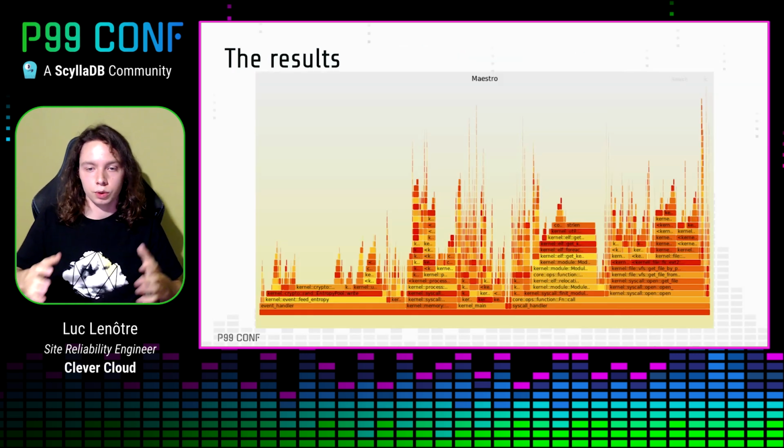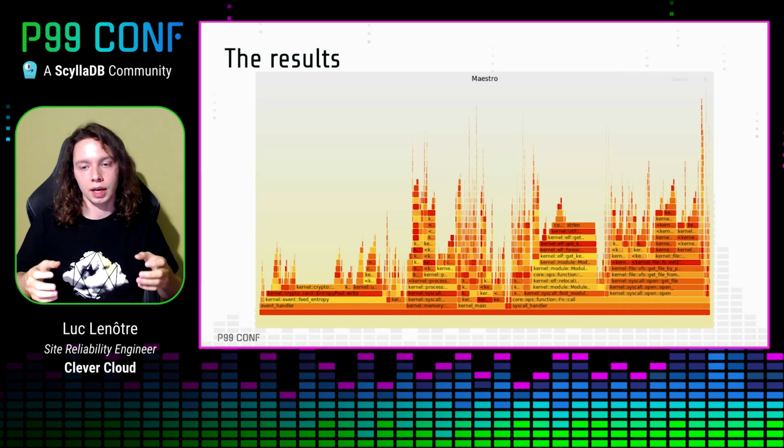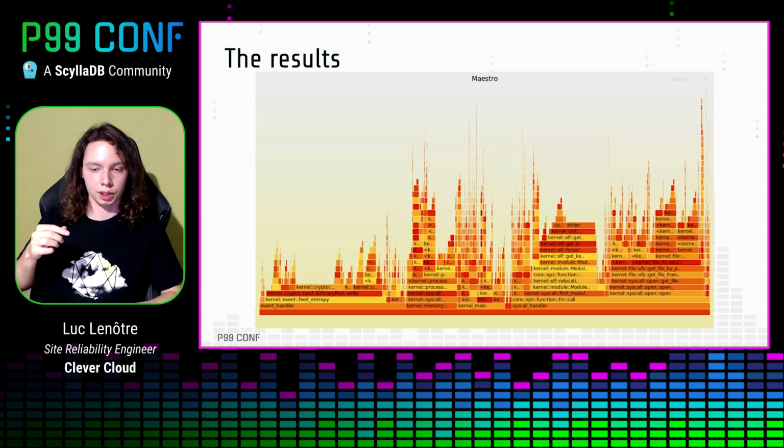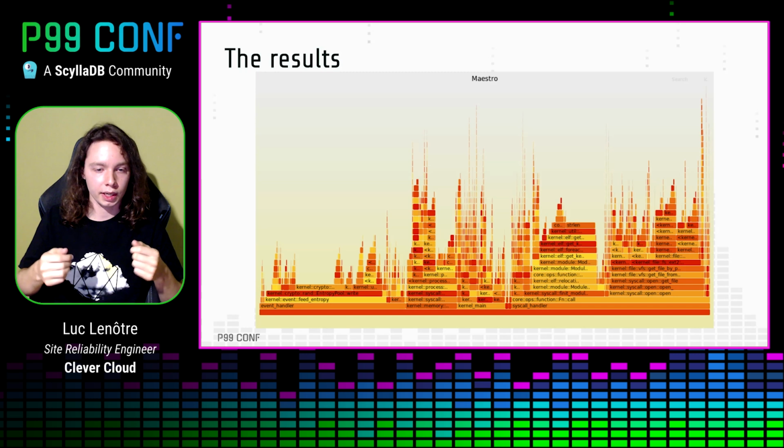A flame graph looks like that. Each block represents a function, and the blocks above represent the functions that are being called by the function below. The larger a block is, the more time is spent in it. When I had this flame graph, I could decide which parts needed optimization first.